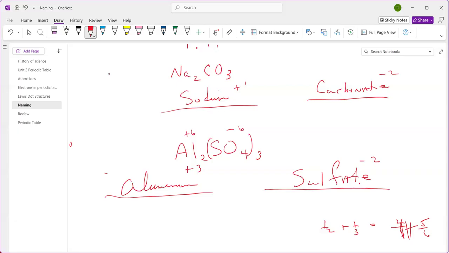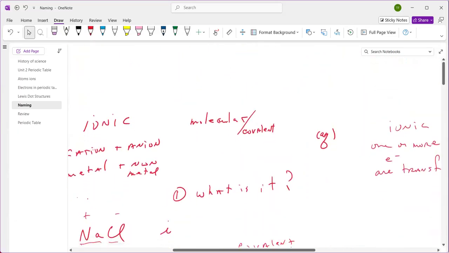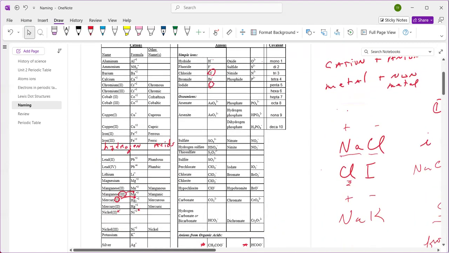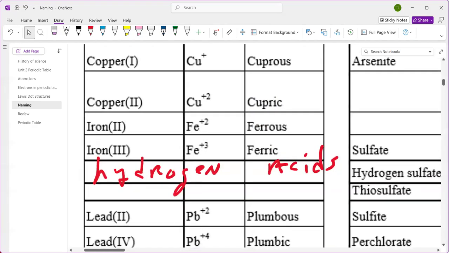Now, there's a lot of little nuances with this ionic naming. And this school is unique, and I don't know why they do it this way, but I don't do it in my class. Okay, if you look at some of this stuff, let's look at iron.